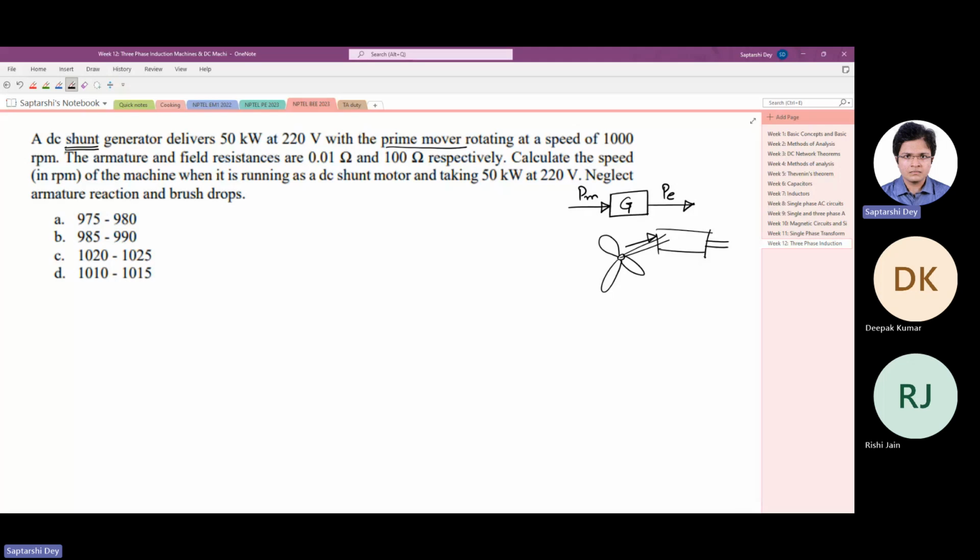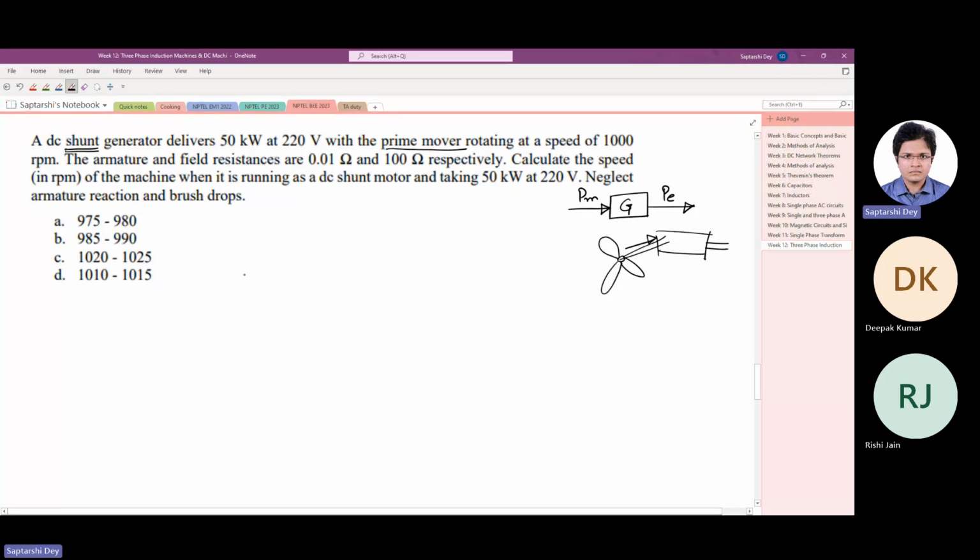Okay, so now what we have to do is, in order to relate the motoring and generating action, we have to find out the motor constant. Okay, that will allow us to relate. So we'll first draw the circuit, shunt generator.